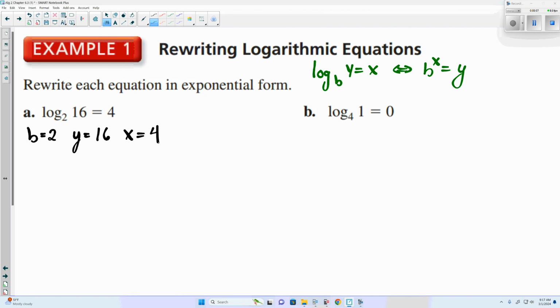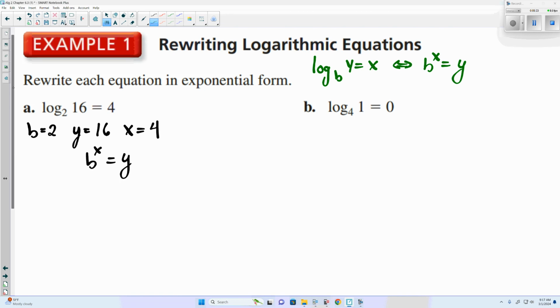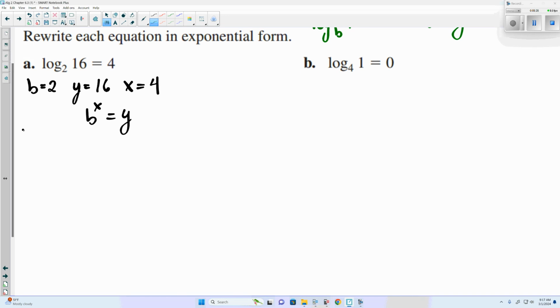So according to the formula, log base b of y equals x if and only if b to the x equals y. So we're going to rewrite it as b to the x equals y. For us here, our b value is 2, so 2 to the 4th power is 16, yes?